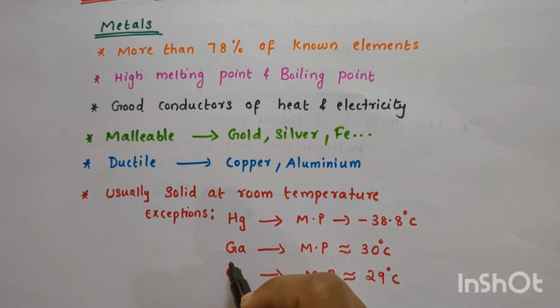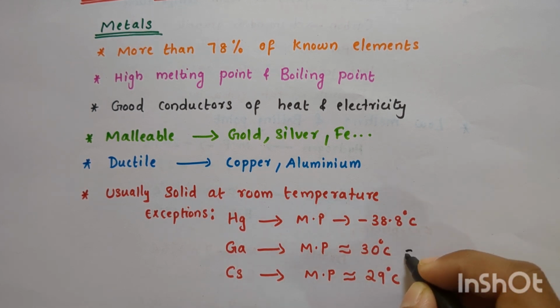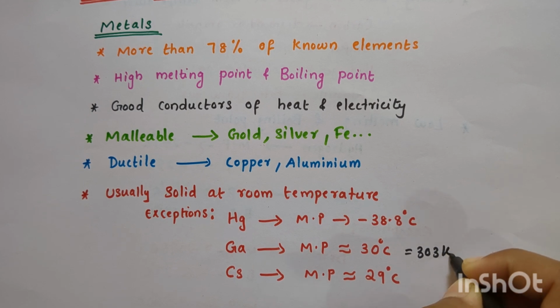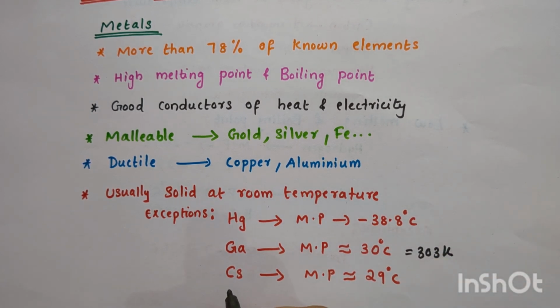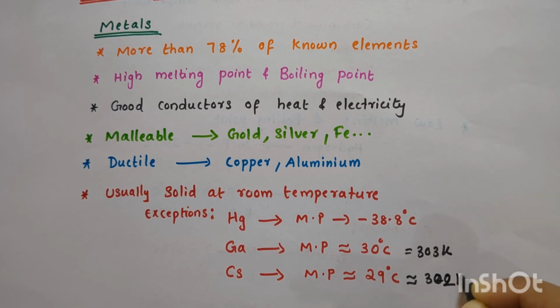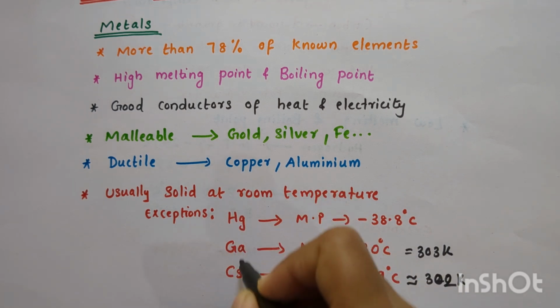Gallium's melting point is around 30 degrees Celsius, almost equal to 303 Kelvin, just above room temperature. Similarly, cesium's melting point is 29 degrees Celsius, approximately 302 Kelvin. So metals are usually solid at room temperature, but there are a few exceptions like these.